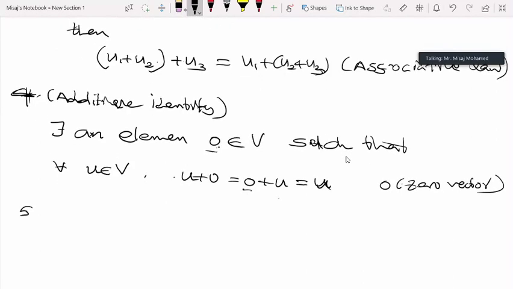The fifth condition, additive inverse. This is called additive inverse.